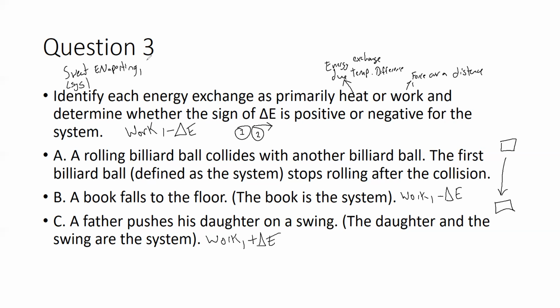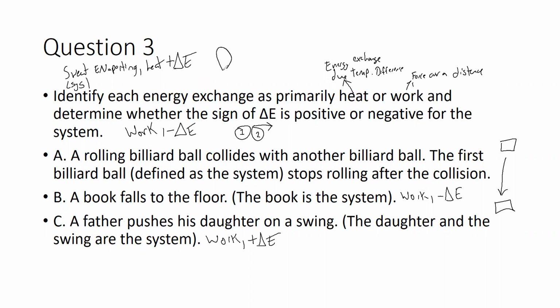So this is heat, because the way sweat works is that it's cold, and the body is hot. And so energy is transferred from the body to the sweat. That's how you cool down. And since the sweat is absorbing the energy from the body, let's say positive change in energy.